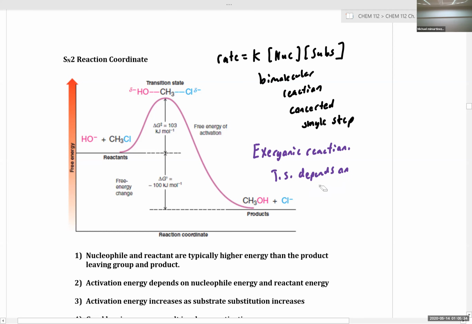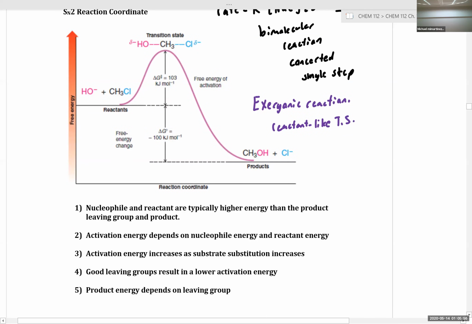Another way to phrase this is that we have a reactant-like transition state. So the characteristics of our reactants heavily affect the activation energy and the relative energy of our transition state.